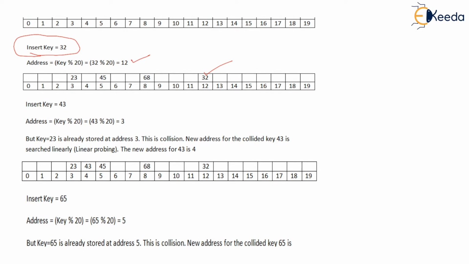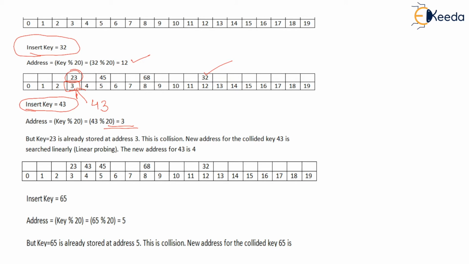43 should get mapped to address 3, 43 % 20. But you notice in the previous hash table, if you try to store 43 at address 3, there is a collision because address 3 is already storing 23. They have mentioned in the question that you have to use linear probing in case of collision.